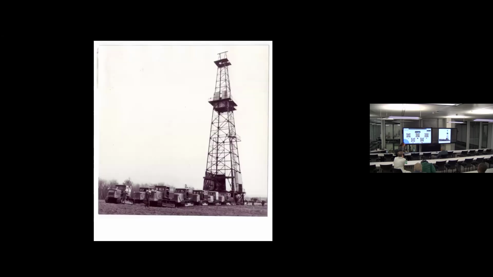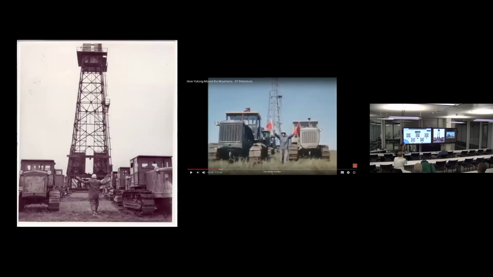Technology was in a way very brutal. They had these caterpillars and just went through all the agricultural fields. Here we have a picture on the left from Austria in the 50s.